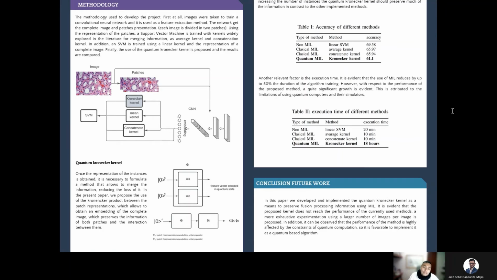So we know that the whole circuit, the whole operator, is the Kronecker product between both operators. So we have the Kronecker product between both representations. That's our phi mapping function. So to get the kernel, we use our phi mapping function of one image and the inverse of the phi mapping function of a second image.